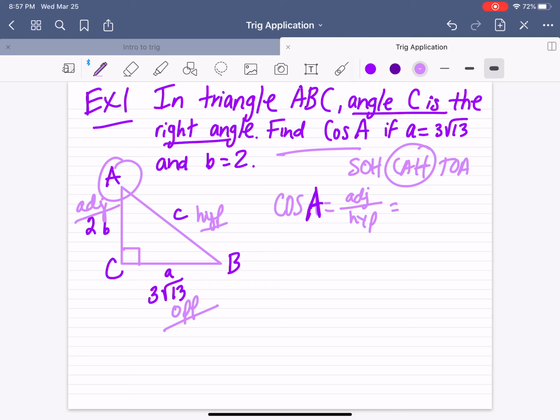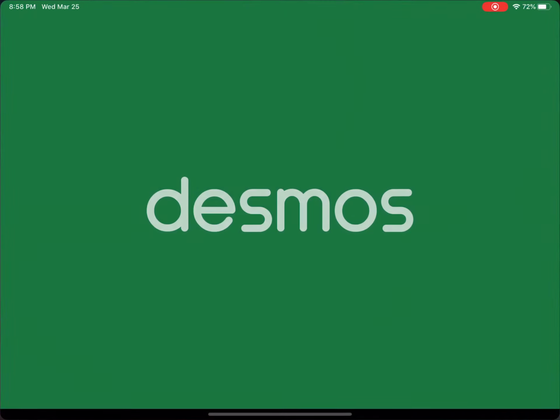So let's fill in the blank. Well, notice that we don't have the hypotenuse, so we're going to have to find it. But since we have a right triangle, you know how to find it. So you're going to do Pythagorean theorem. So legs squared plus legs squared equals hypotenuse squared. So 2 squared is 4. Now let's go to our calculator to type in 3 root 13 squared.